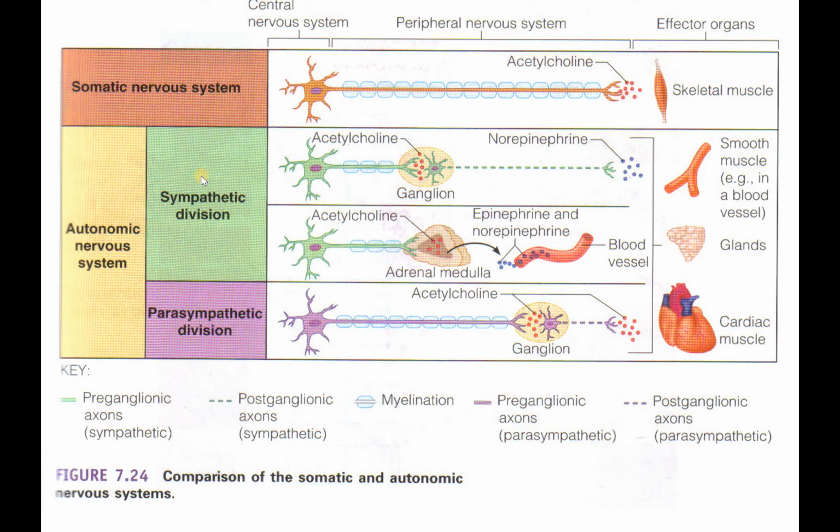Okay, this one is showing the sympathetic division, in which the preganglionic neuron releases acetylcholine, and the postganglionic neuron releases norepinephrine. And the norepinephrine is what tells your body to be in sympathetics, which is fight or flight.